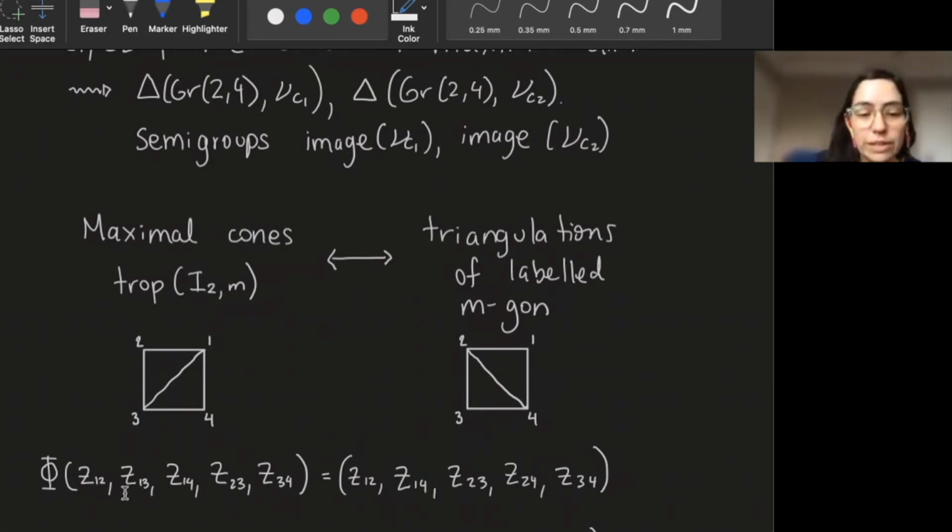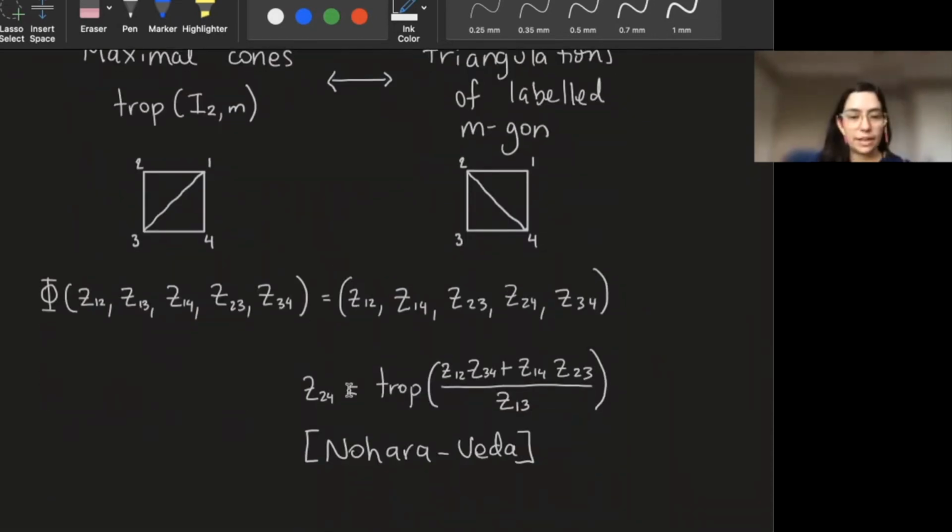And so the piecewise linear map that maps this polytope to that polytope is basically the identity on all the coordinates that they share. So Z12 stays the same, Z14 stays the same, Z23 stays the same, and Z34 stays the same because they appeared here. And then Z24 changes, and it's gonna be the tropicalization of this rational function.